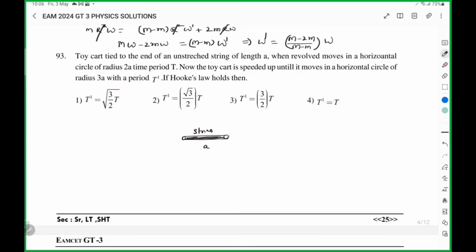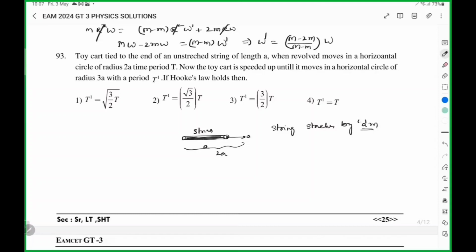Once it starts rotating, centrifugal force acts. In that process, it moves in a circle of radius 2a. What does it mean? That the string stretches by a meters.